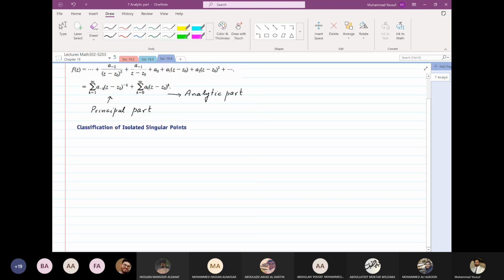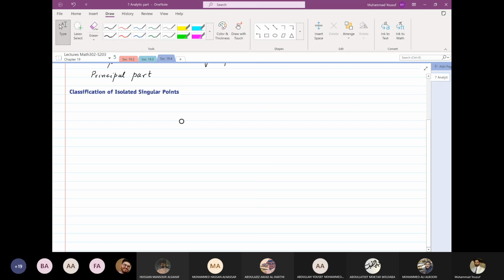Okay. Suppose z equal to z naught is an isolated singularity of some function f of z.